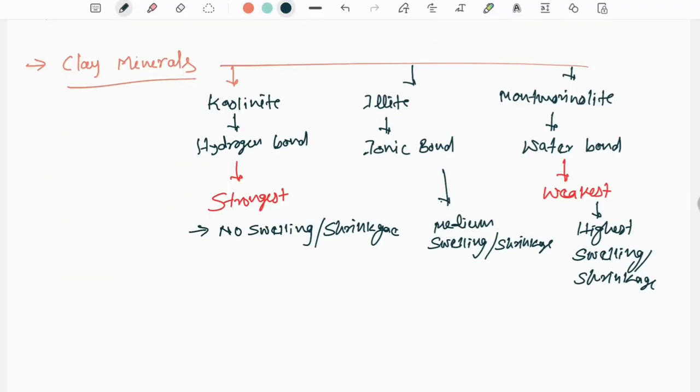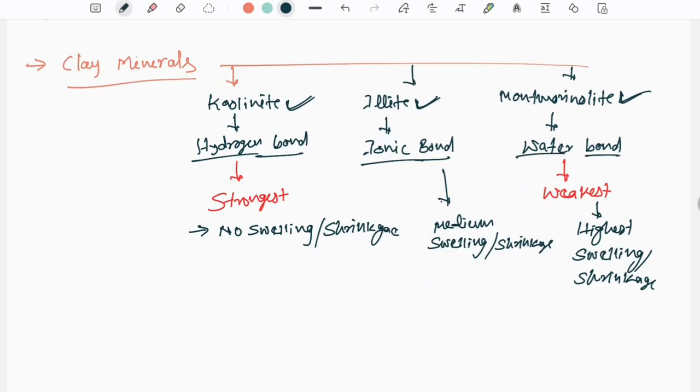Now let us talk about clay minerals. I have already mentioned previously that there are 3 clay minerals: kaolinite, illite and montmorillonite. Kaolinite is strongest, having hydrogen bond, illite has ionic bond, and montmorillonite has the weakest bond, that is water bond.